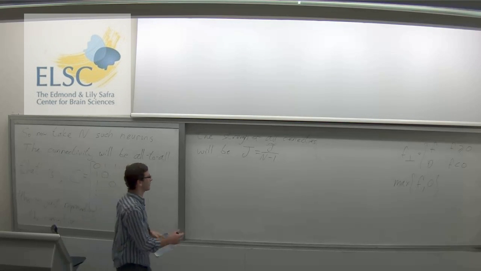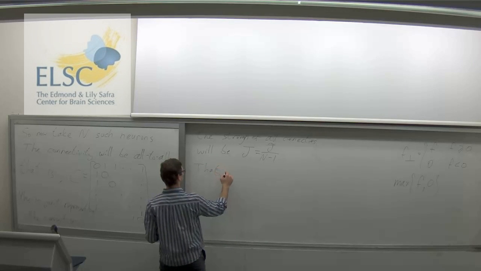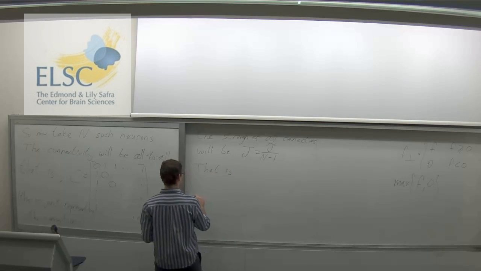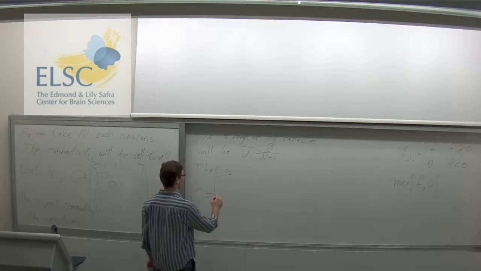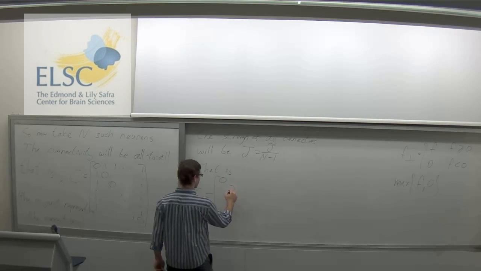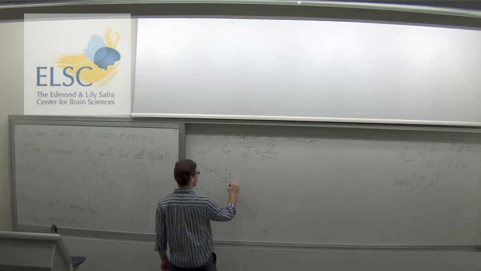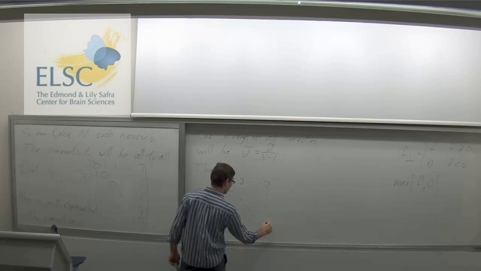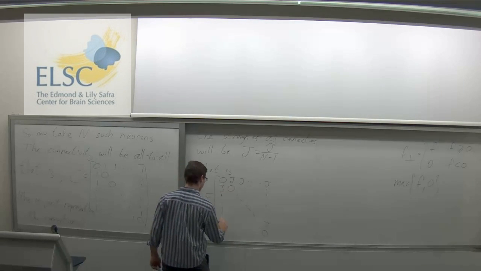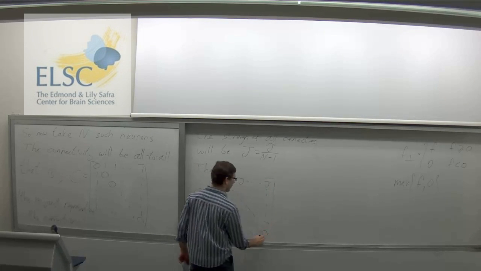So C is the following matrix. This is the connectivity matrix. It's zeros on the diagonal and J elsewhere. This means that all connections are uniform in strength.